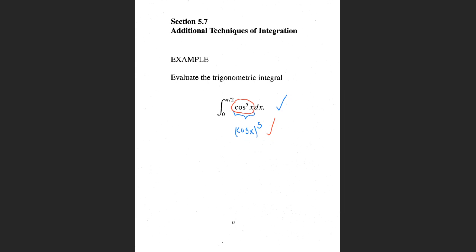Okay, so let's see. We have to do something to help us. We do know, for instance, what's the sine squared of x plus the cosine squared of x equal to? 1. Good.